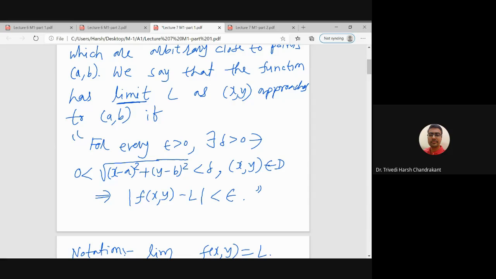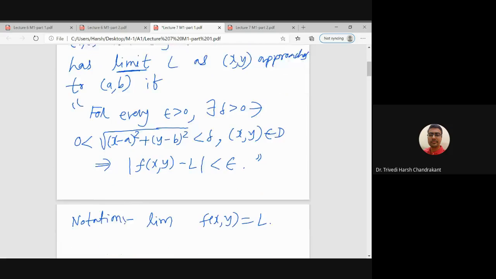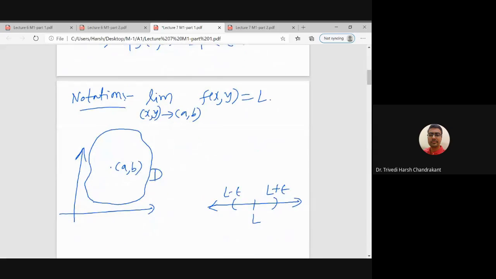So this is (x minus a) squared plus (y minus b) squared less than delta squared. This is a circle with center (a, b) and radius delta. The interior of this circle is where we have to choose the point.